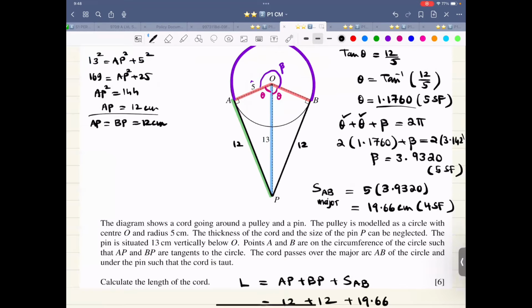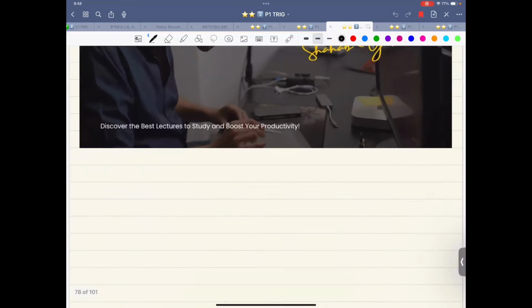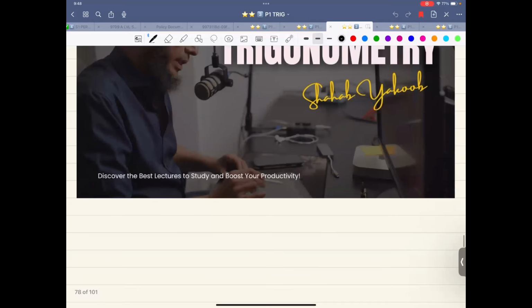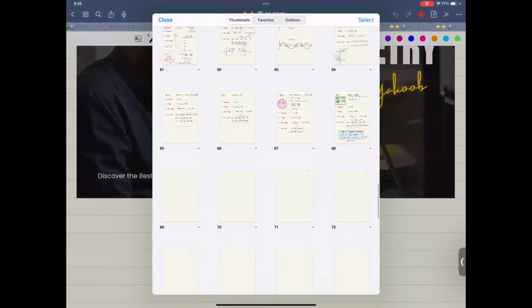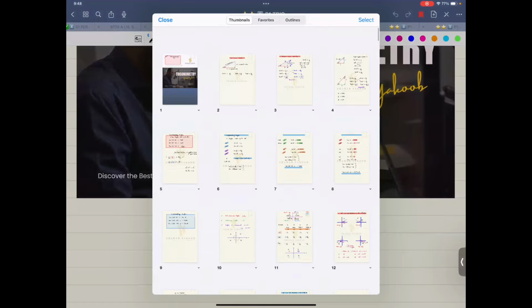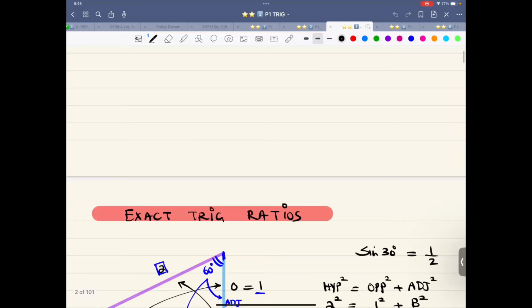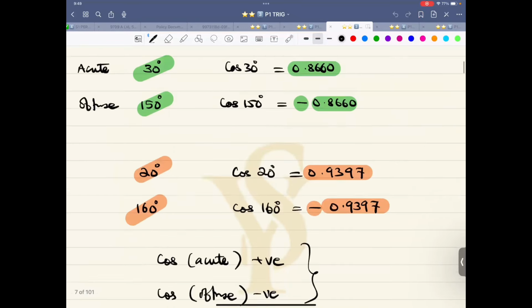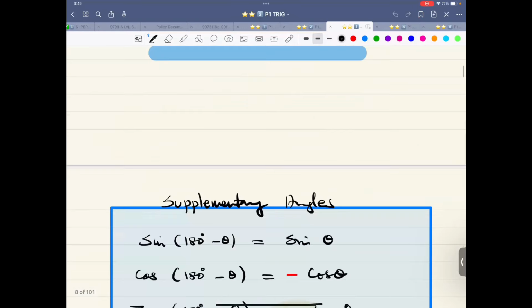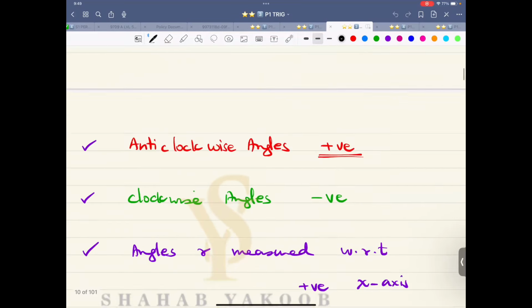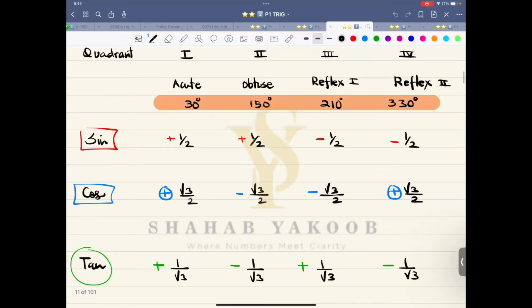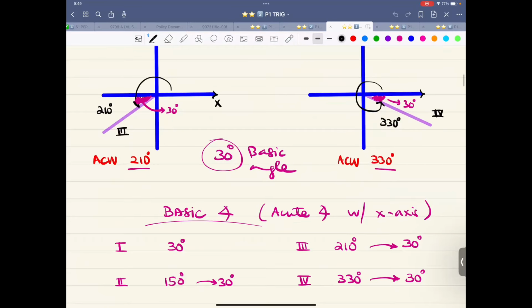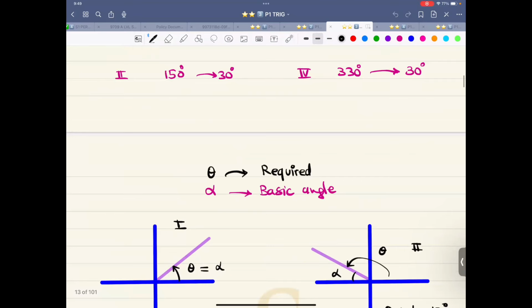So let me remove this right now. Trigonometry. So now that is considered a tough topic. And over here in trigonometry, this is what was done in the online class, just giving you a brief look. All the ratios, you should remember it, basic angle, all these properties, positive angle, negative angle, quadrants, the relatives 30 and 150 and 210 and 330, all these are related.